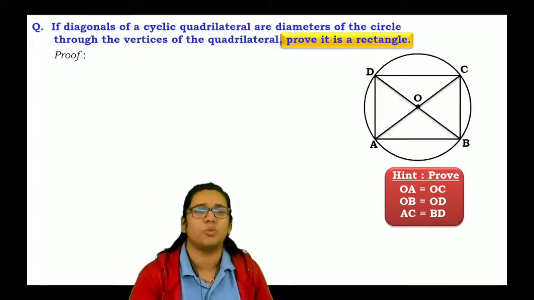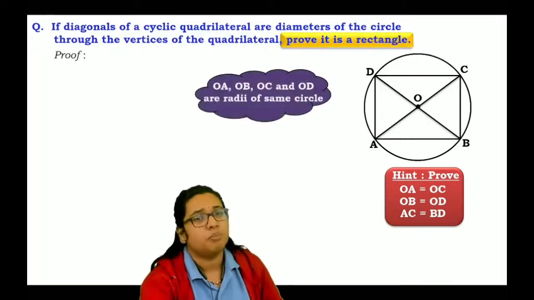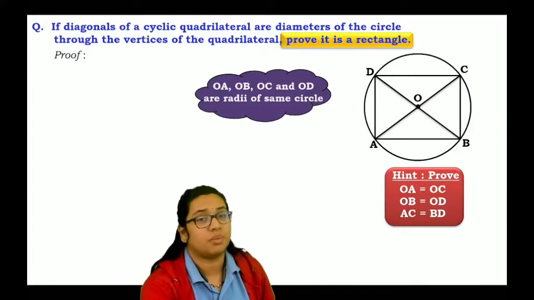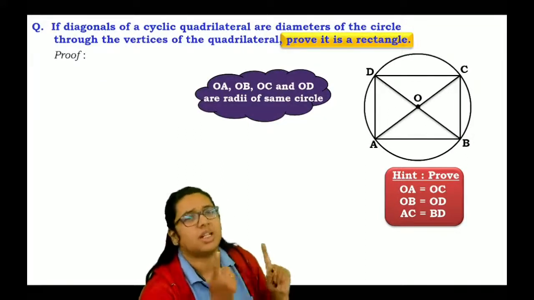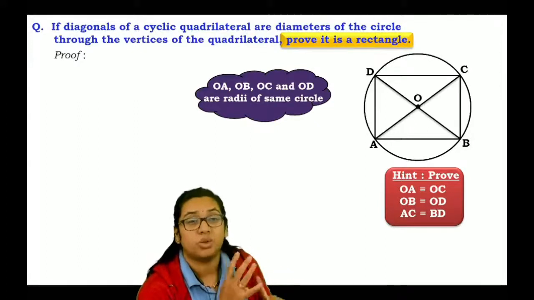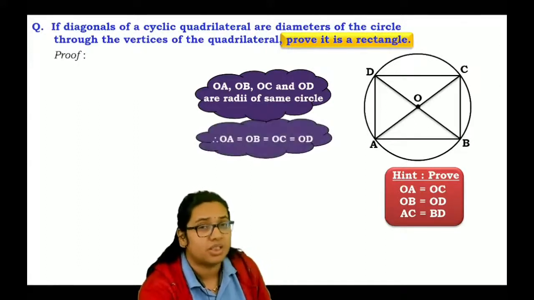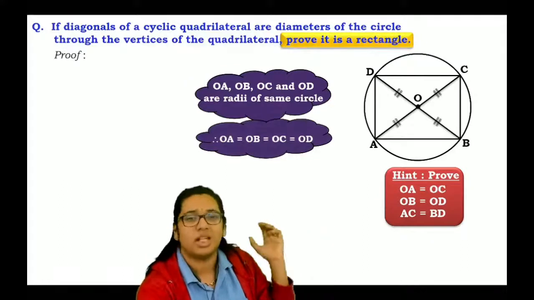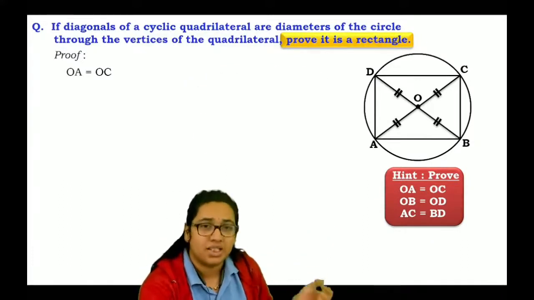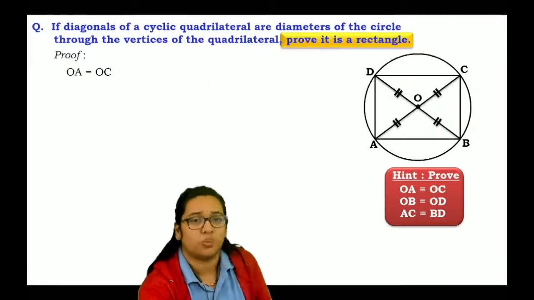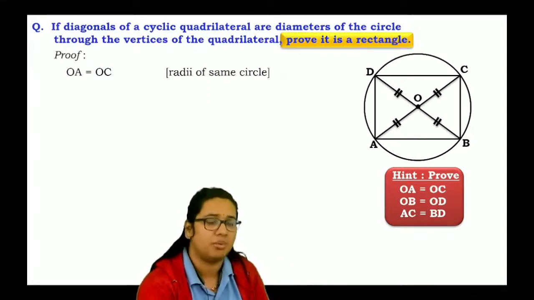But AC equals BD बहुत ही ज्यादा easy है, because सेम सर्कल के लिए आप consider कर रहे हो, right? We can say that OA, OB, OC, OD are radii of the same circle, hence obviously OA, OC ये सब आपको same मिलेंगे. Second thing is that BD and AC are diameters of the same circle, so obviously उसका भी value आपको same मिलेगा, right?